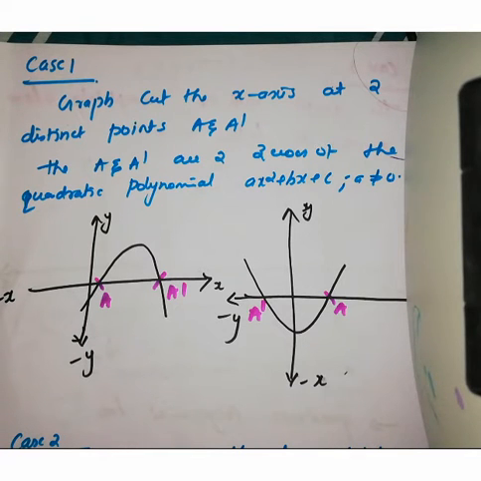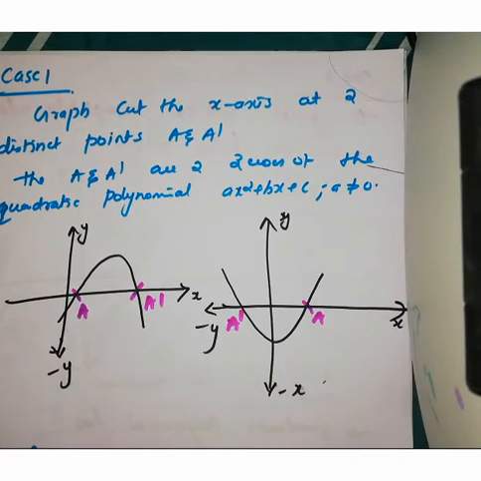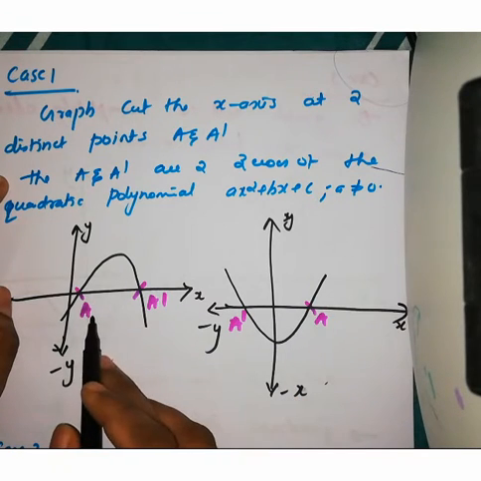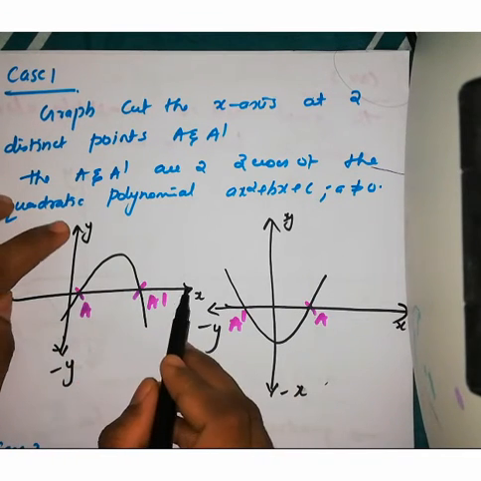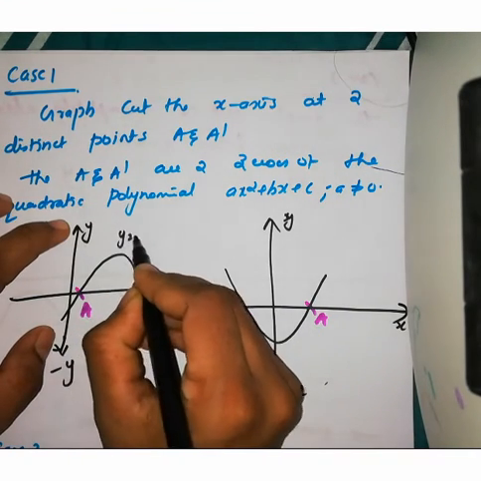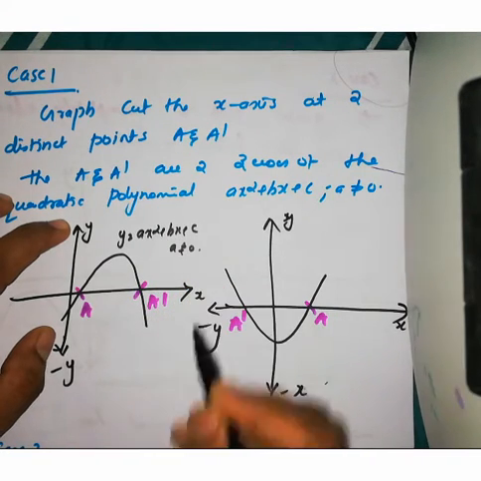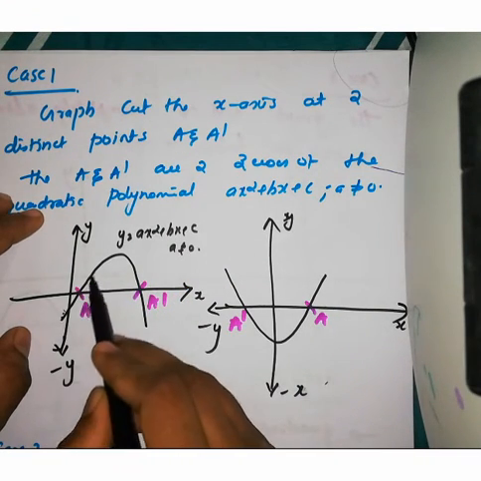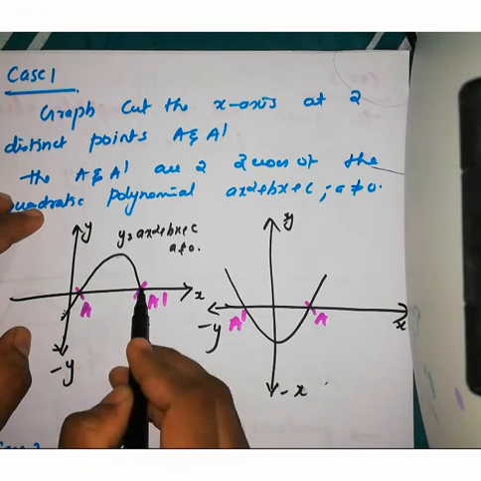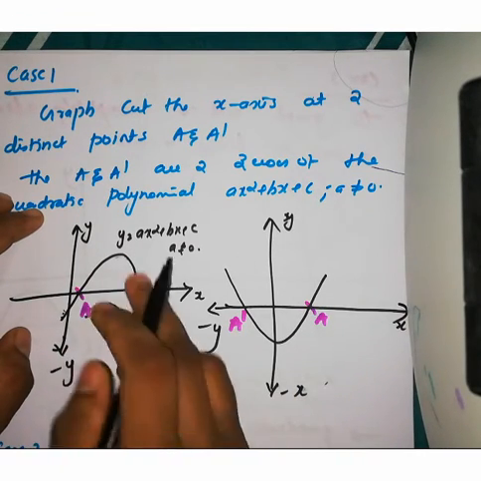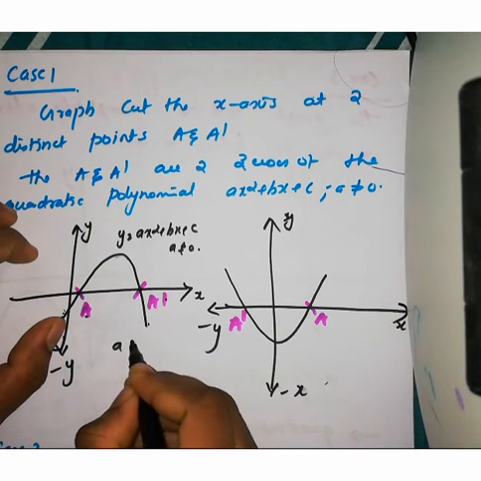And we have 3 cases for this quadratic polynomial. First case is the graph cuts the x-axis at 2 distinct points. That we explained with an example. That means this is a graph y is equal to ax square plus bx plus c, where a is not equal to 0. It may be shaped like this. It cuts the 2 points A and A dash, suppose. So it is open downward, so it is the case when a is less than 0.